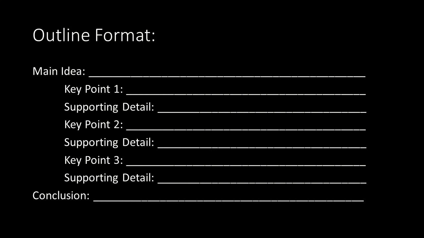Now, while there are a myriad of options that you can choose from when writing your summary, this is my personal take on the matter. The summary must contain the following components. First, the main idea of the original text, followed by key points 1, 2, and 3. Now, each key point is also supported by 1 to 2 supporting details or phrases found in the text. Finally, you also have to include the conclusion or conclusions made by the author in the original text.